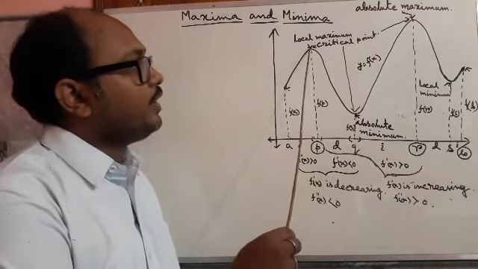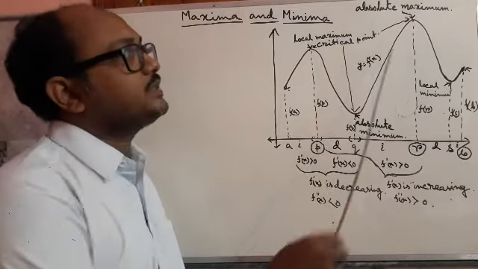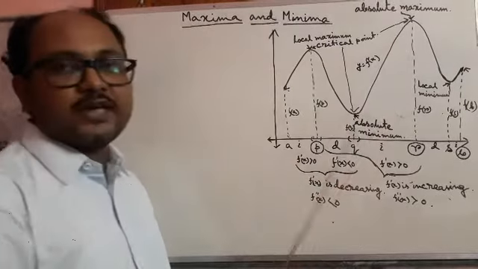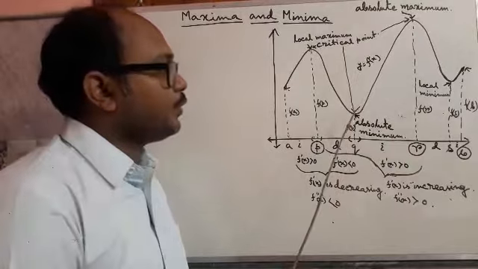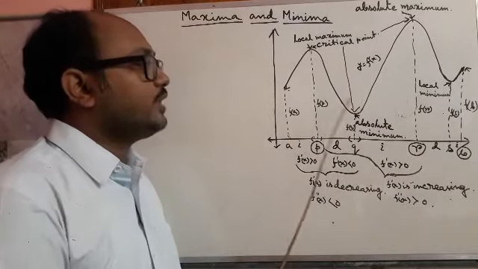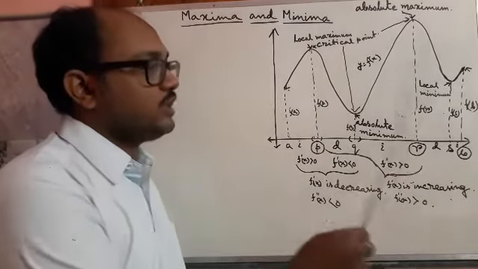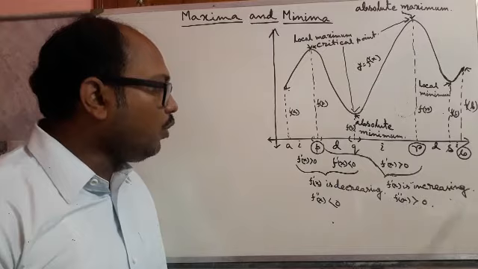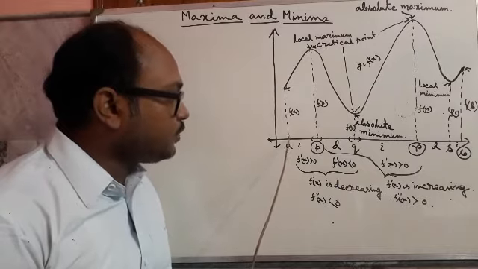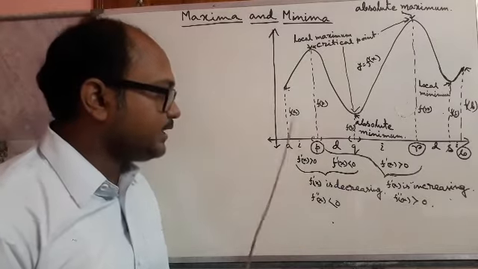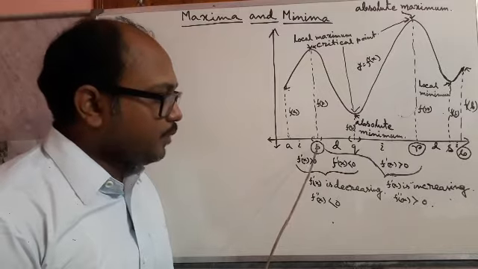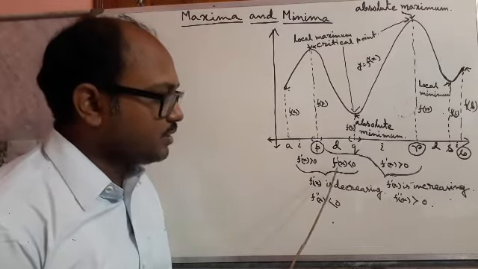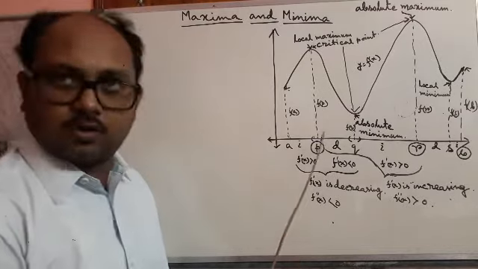The points where f dash x is equal to 0 are known as critical points. The point where the function attains its maximum or minimum value, those points are known as critical points. That means the point where the first order derivative is equal to 0. Now you see in this portion from a to p it is increasing, that means the first order derivative is greater than 0, and from p to q it is decreasing, first order derivative f dash x less than 0.